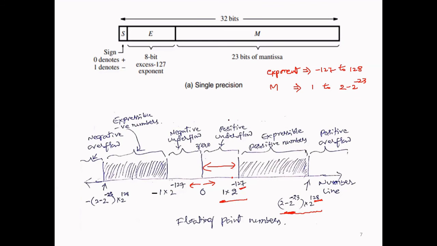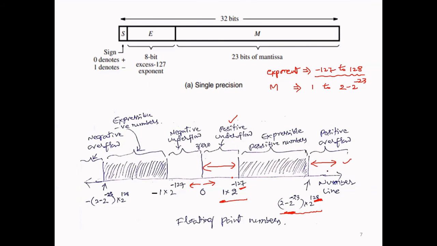That's why this is positive underflow. And this range is positive overflow. Why? 128 is the maximum here, minus 127 to 128 only. If you want to use 2 power 129, that is not possible. So we cannot represent numbers above this. That is called positive overflow.